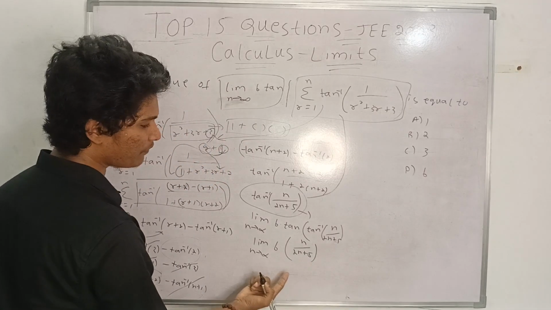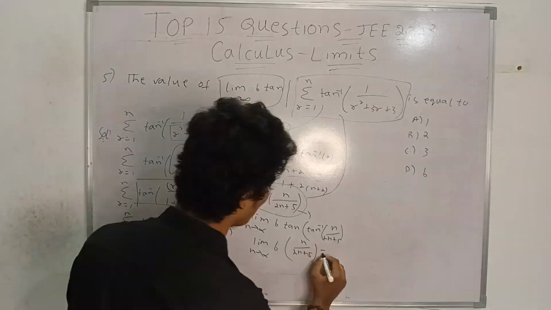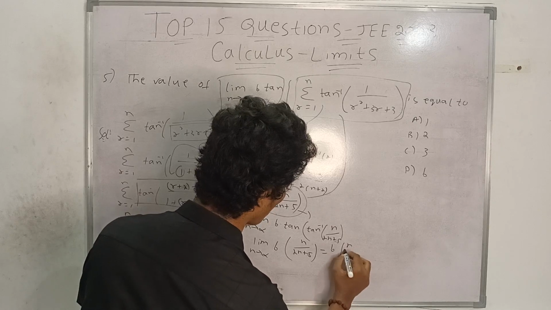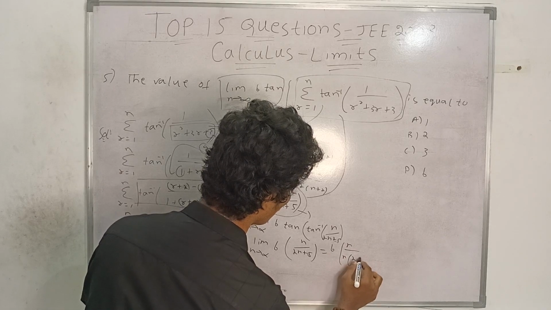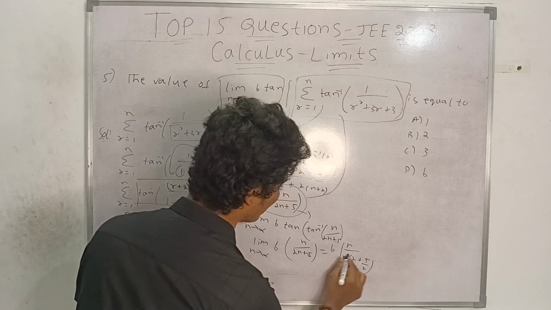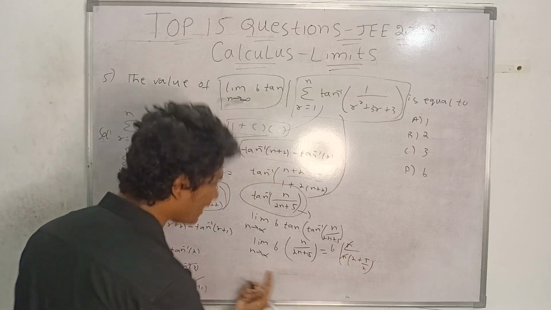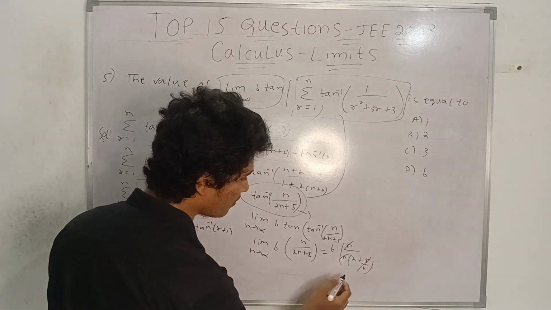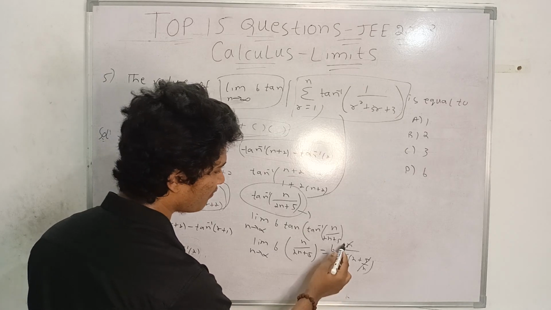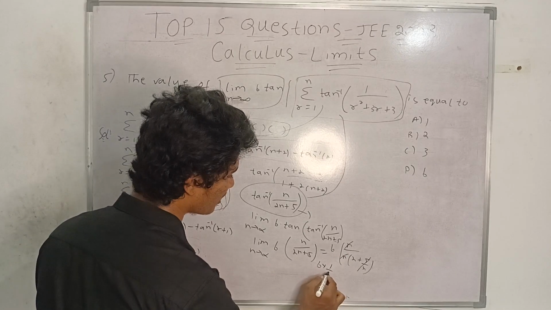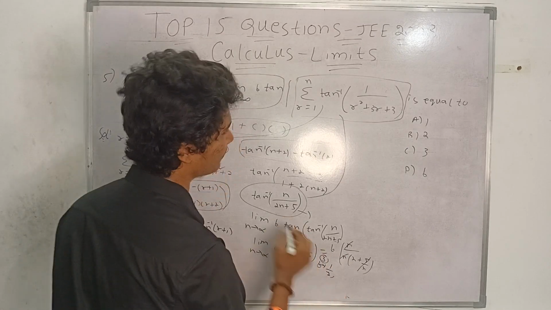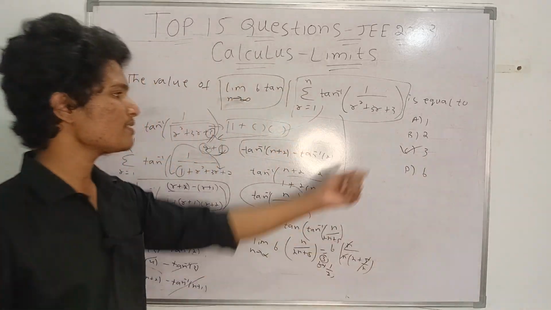Now taking n common, 6 into 2 plus 5 by n, n will get cancelled, and as n tends to infinity, 5 by n will become 0. Finally, 1 by 2 is left, 6 into 1 by 2 will become 3. So the answer is 3 here.